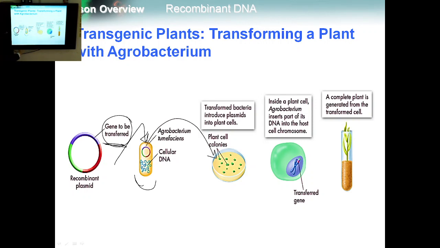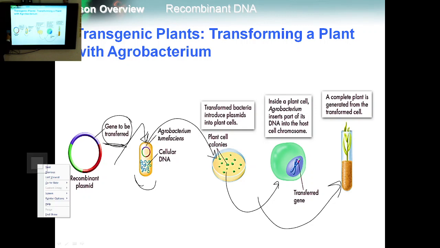And once the plant cell colonies are infected with the plasmid or the bacteria, the bacteria will insert its genes inside the plant, and once the plant is infected, we will grow the plant to produce an adult plant.